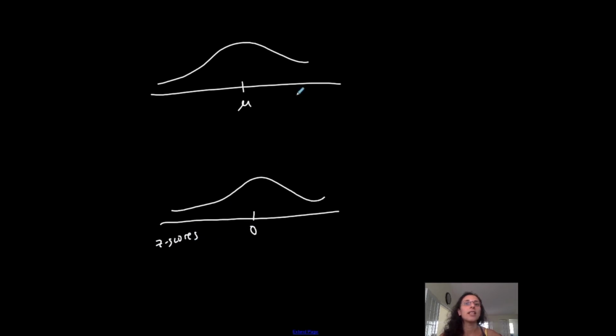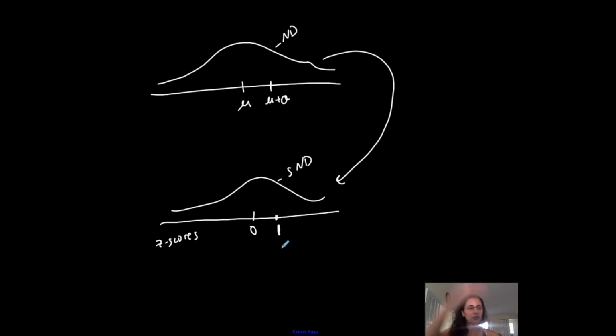If I want to standardize, let's say I have a data value 1 standard deviation above the mean, the z-score for that would be 1, but how would I calculate that if I couldn't directly see it? What if it was in between the two? So how do I standardize these values if I have different types of means and standard deviations? I convert them to z-scores with this formula.